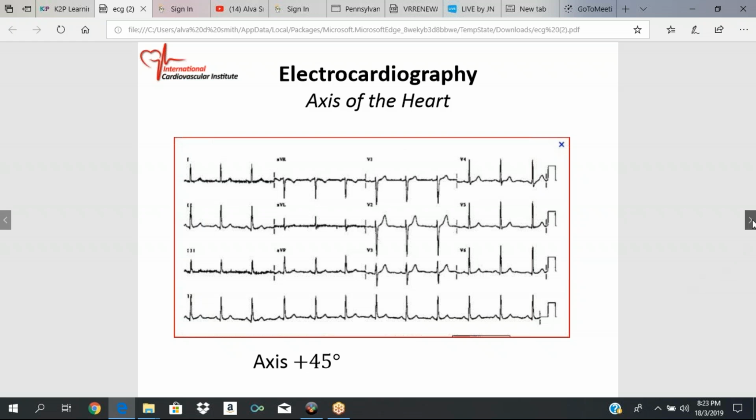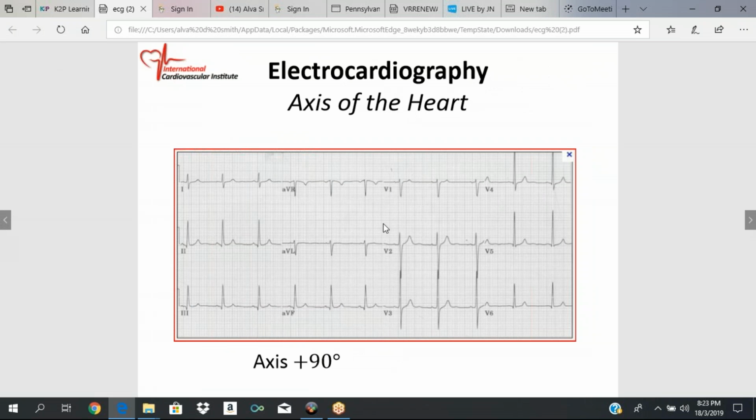All right? Let's look at another one. Again, we look at the limb leads. The most isoelectric is lead 1, right? You can see that the positive is almost equal to the negative. Then you're going to find the lead that's perpendicular to lead 1.